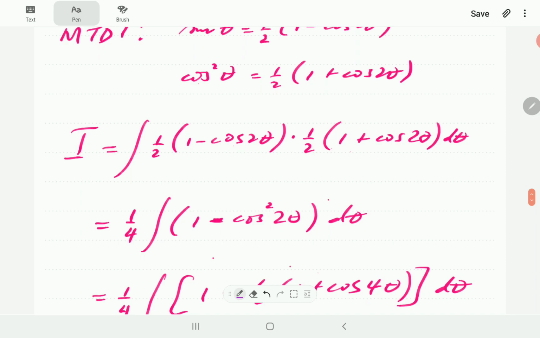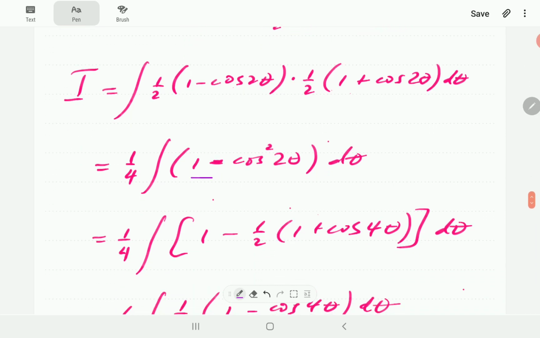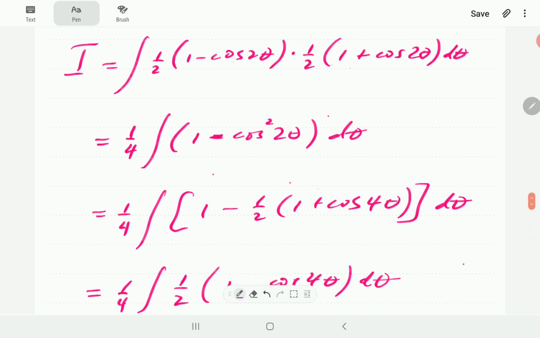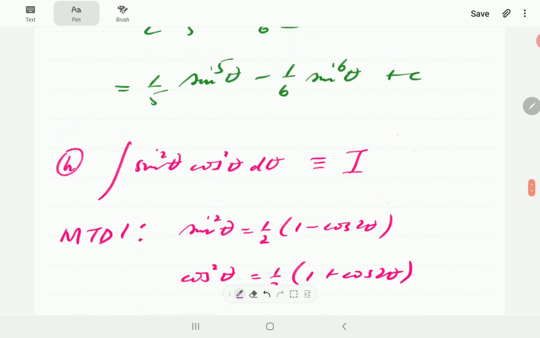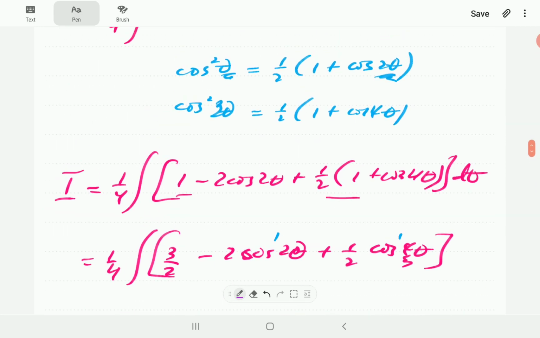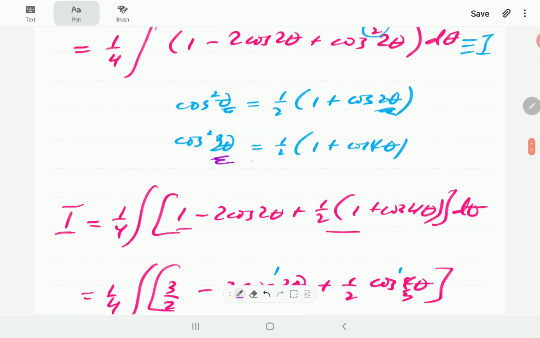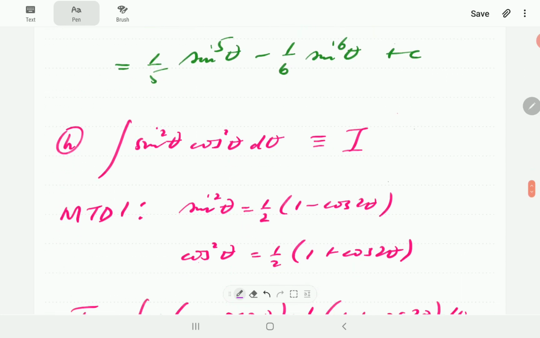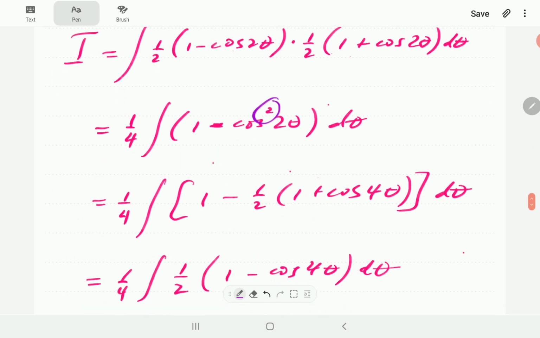These two are a difference of two squares, so we're going to have 1 minus cosine squared 2 theta, and then this is even again, so we've already shown before that cosine squared 2 theta is going to be 1/2 into 1 plus cosine 4 theta. So that's what we're going to plug in here.